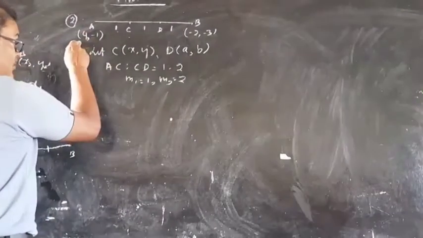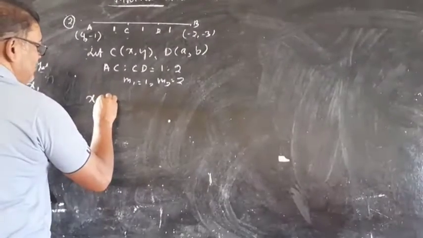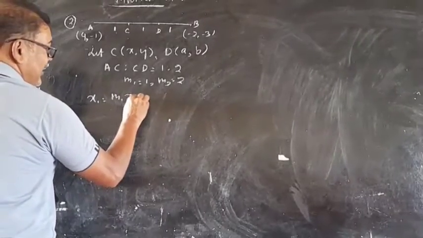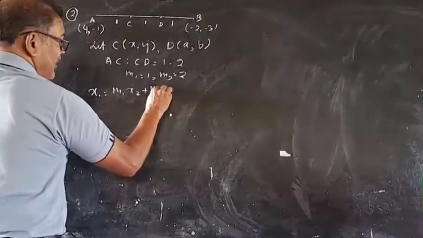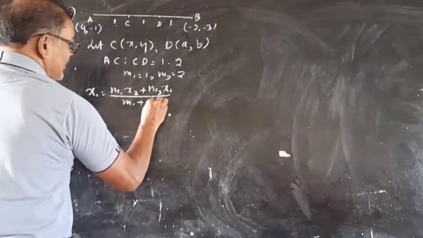We have the values of x1, y1 and the values of x2, y2. So x is equal to m1 x2 plus m2 x1 upon m1 plus m2.